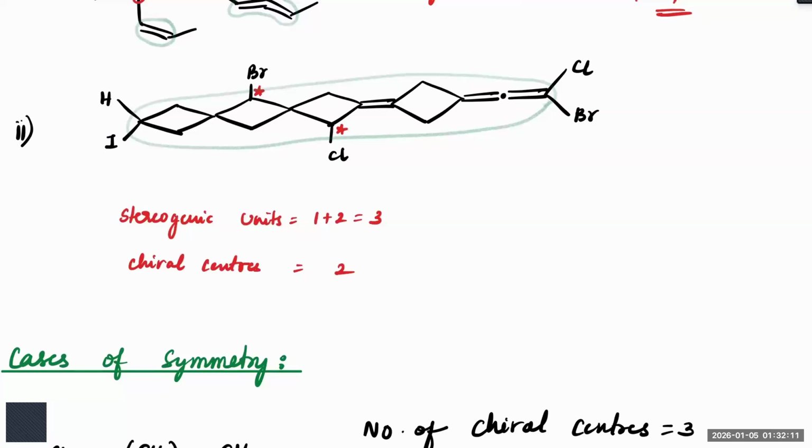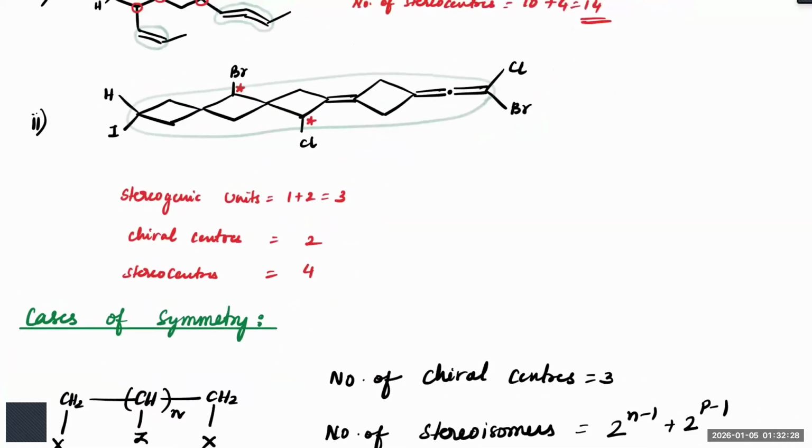And lastly, if we have stereo centers, you can see this is one center and this is one center. So two, three, four. So total we have four centers in general, right? Clear? Okay. Units are three, chiral centers are two, stereogenic centers are four.